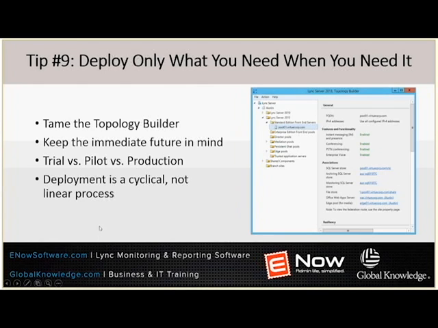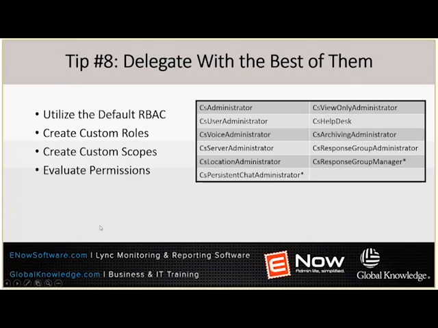Now, the next tip I have for you is a little bit different, a tangent, but it is still part of deployment. Tip number 8 is really about thinking ahead of time about how you're going to do administration right off the bat. So as you're going into your deployment process, start incorporating the concepts of delegation right away.